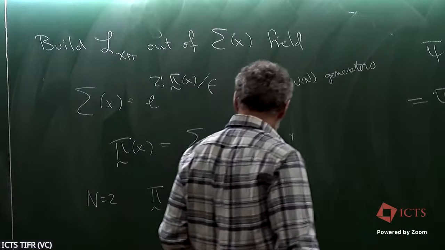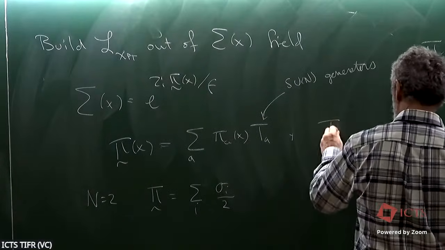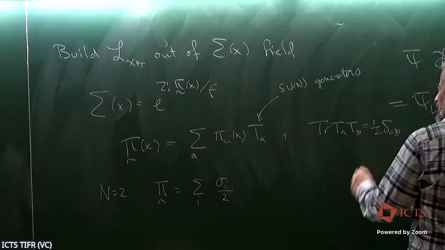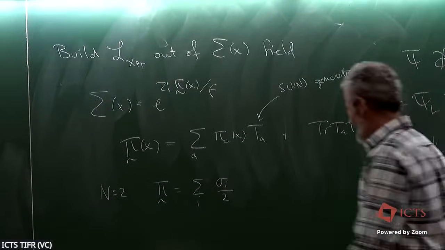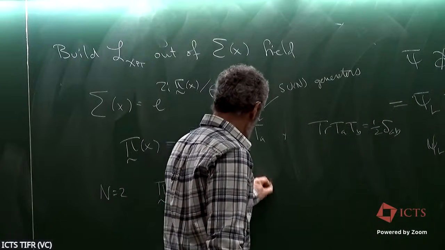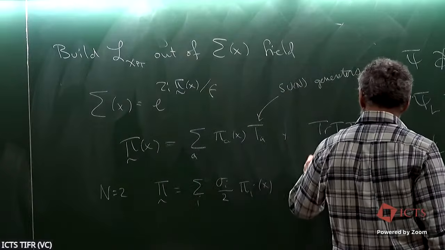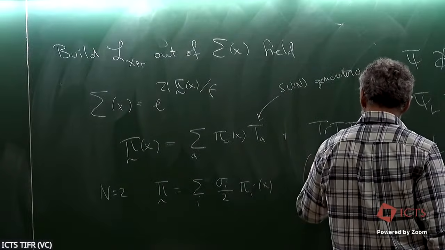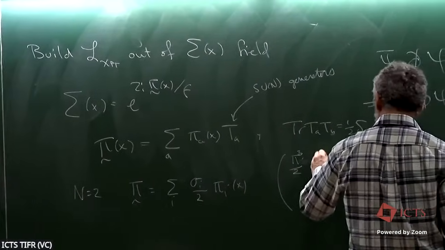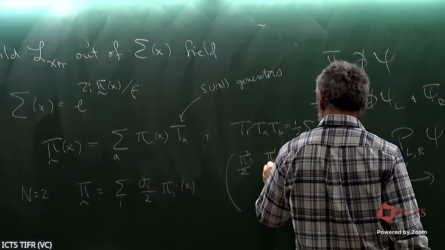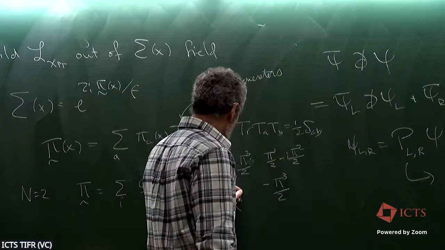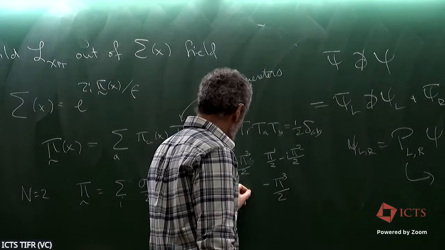Those are your generators. I'm normalizing these to be trace T A T B equals a half delta AB. That's my convention. So that's Pauli matrices over 2 times pi I of x. And that's just a matrix: pi 3 over 2, minus pi 3 over 2, pi 1 over 2 minus i pi 2 over 2, and pi 1 plus i pi 2 over 2.